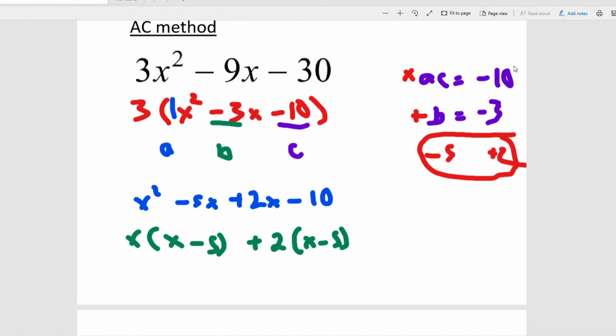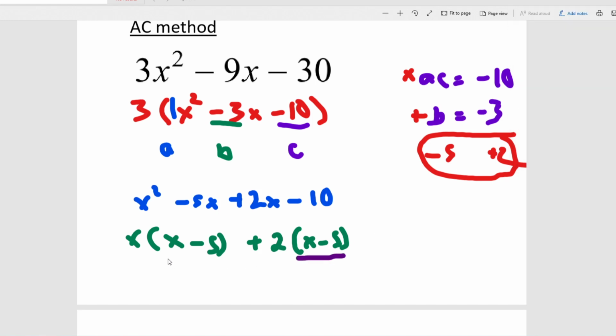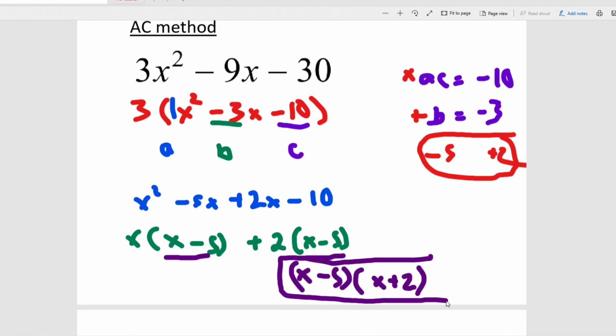I'm almost done. This actually has a common factor as well, which most people won't see. The x minus 5 is in both terms. So you can factor the x minus 5 out to the front, and you end up with x minus 5 and x plus 2. So you've got factoring using the AC method, which is really cool.